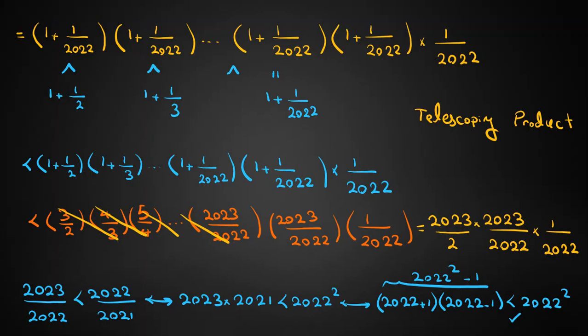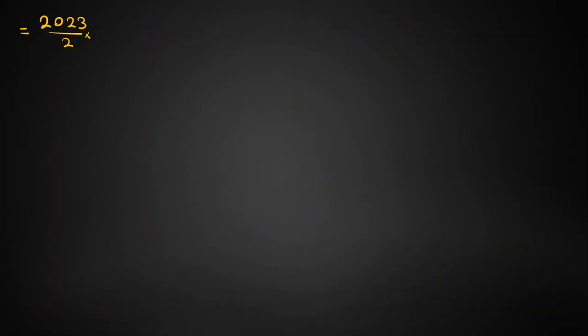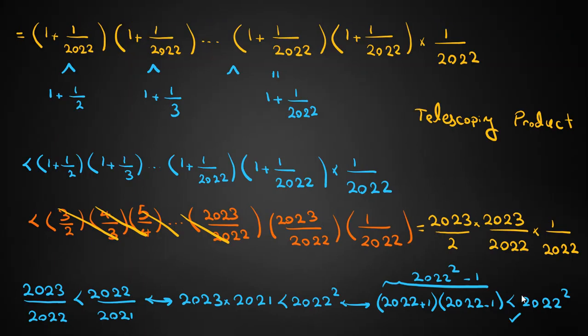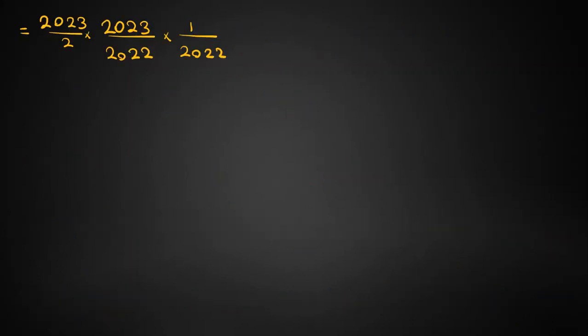It is equal to 2023 over 2 times 2023 over 2022 times 1 over 2022. Now if we analyze this, 2023 over 2022 is less than this. So let's apply it.